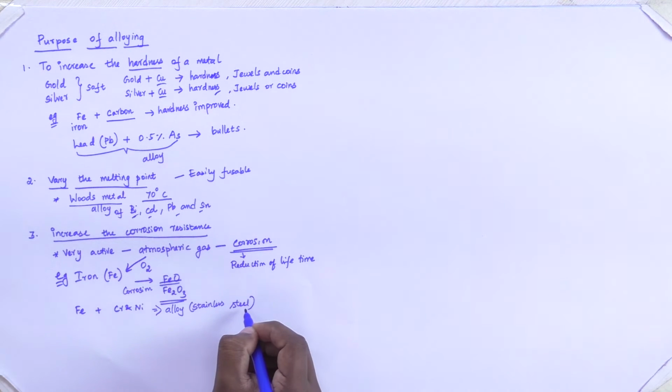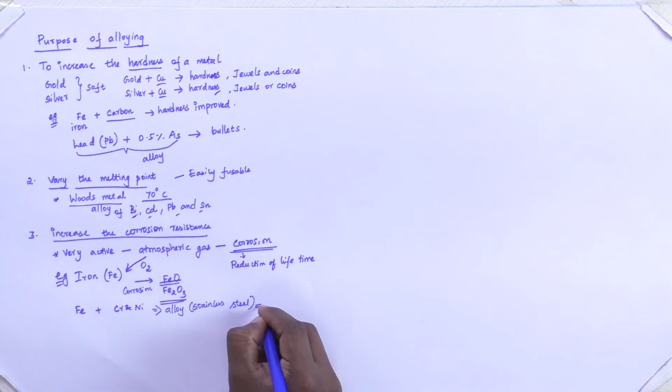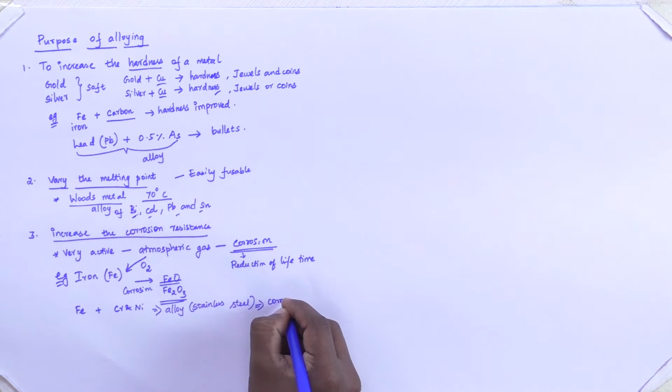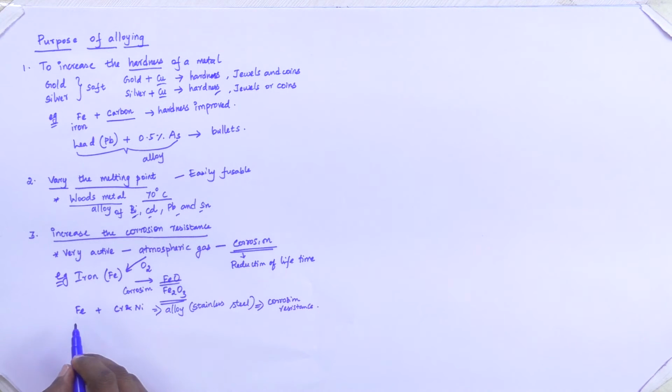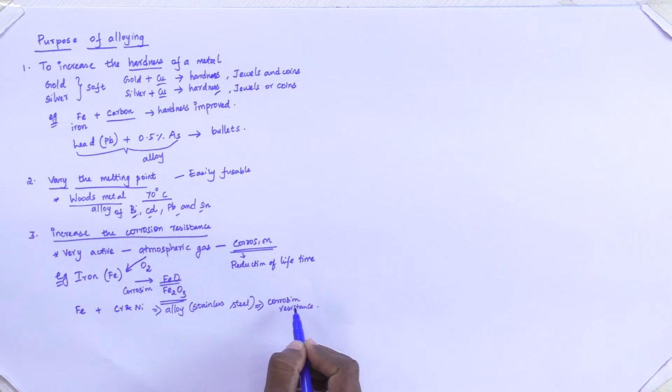So this stainless steel has a property of corrosion resistance. So when we mix a metal with few other elements, that will improve the corrosion resistance property of that metal.